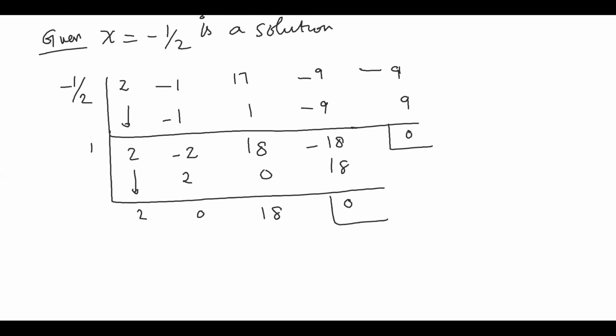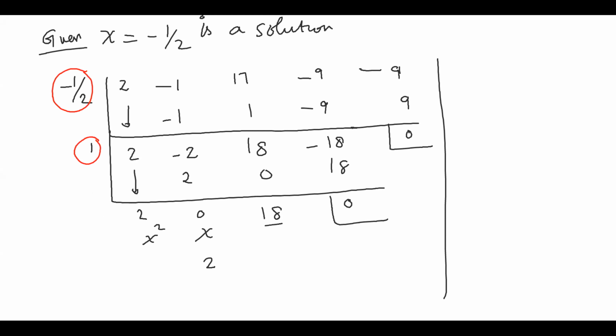So these zeros are 1 and negative 1/2, and let's take the polynomial, this one. This is the constant, this is x squared. So we have 2x squared plus 0 times x plus 18 equal to 0. Now we have to get x by itself. Let's subtract 18 from both sides, so we get 2x squared equals negative 18.